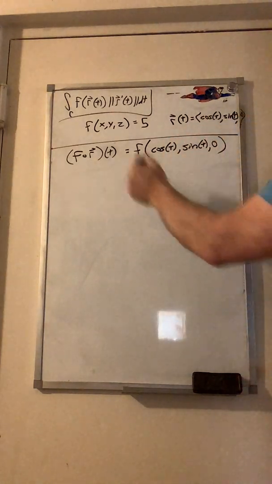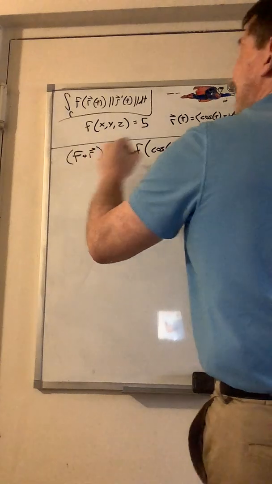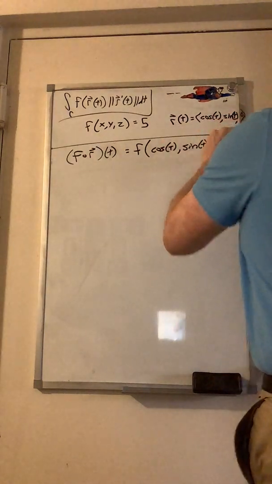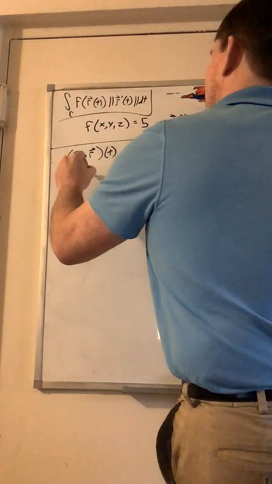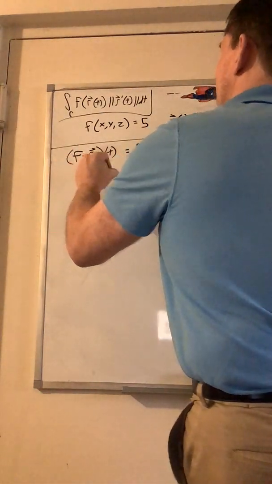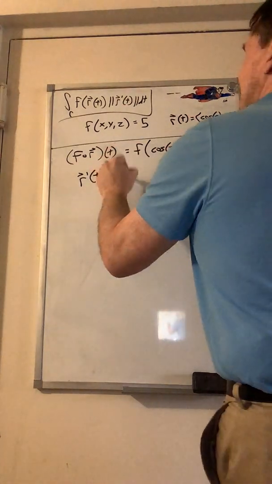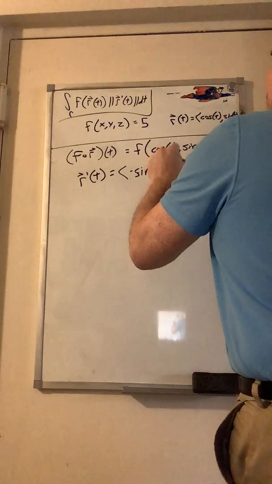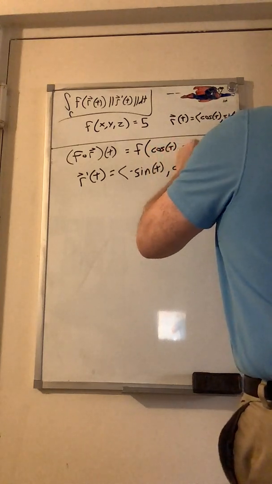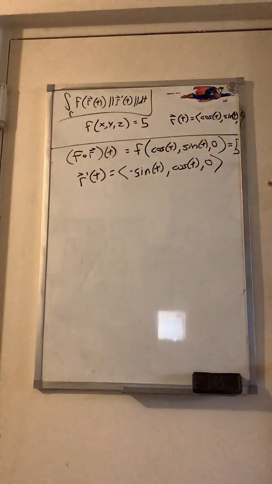But the good thing here is f is a constant function 5, so the composition is still just going to give me 5. Then I need r prime of t. The derivative of cosine is negative sine t, the derivative of sine is cosine t, and the derivative of 0 is 0.